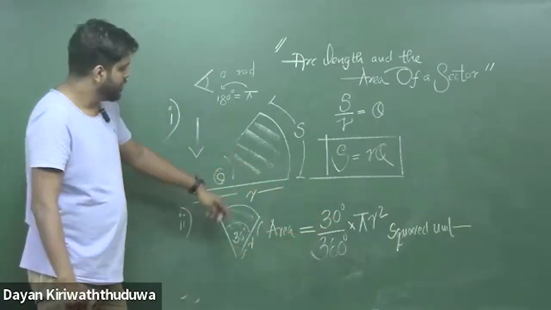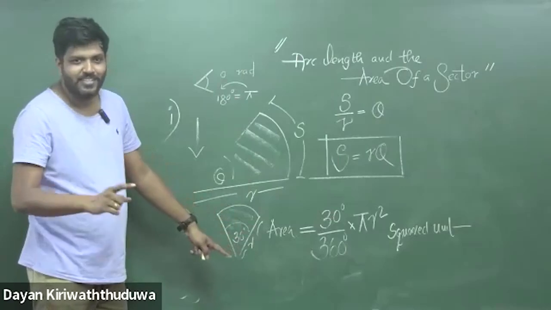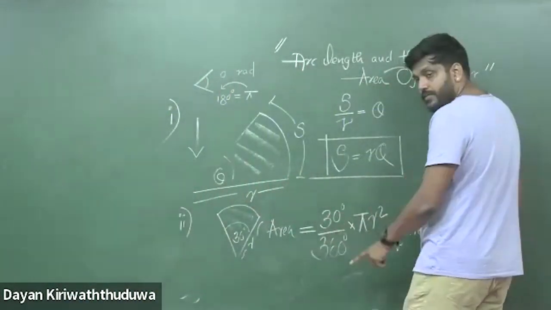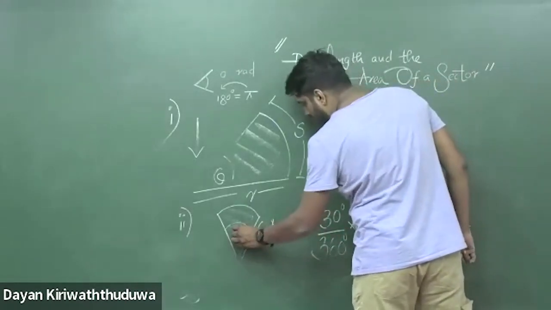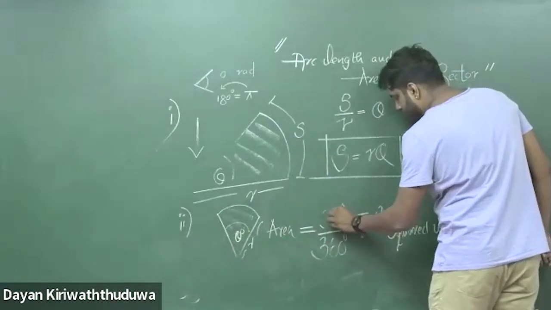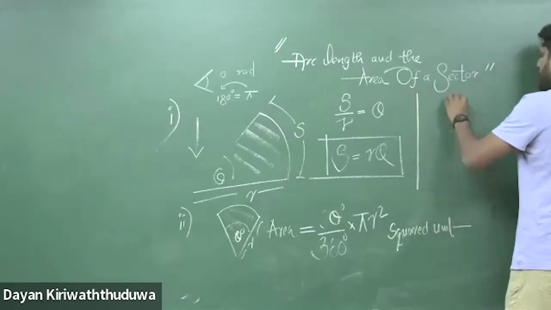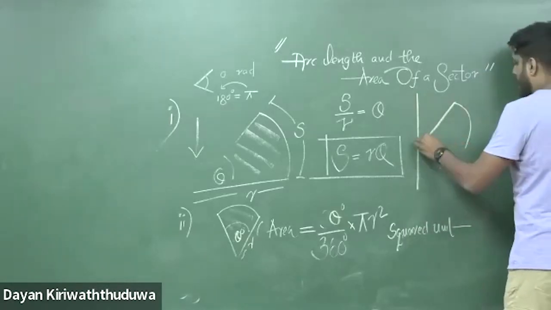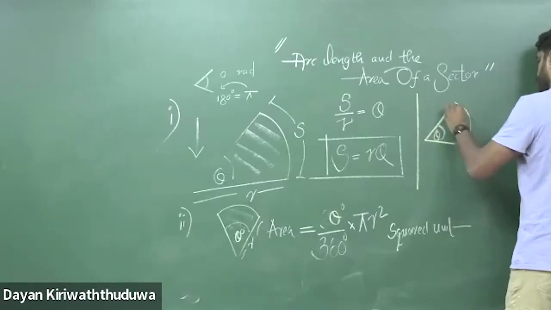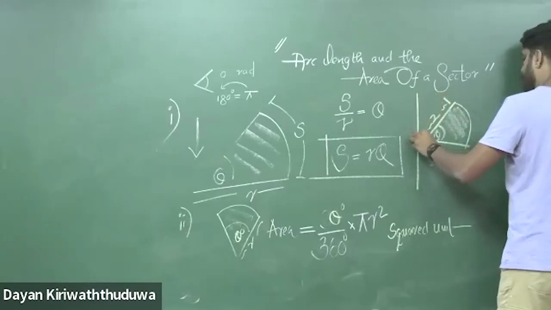So you call it a squared unit. Are we clear? So the same scenario can be tested with radians. Looking at this specific example, I am going to make a general one, like let's say theta degrees. And if you adopt this for a sector where the angle is expressed in radians, with radius R, what are we going to get?